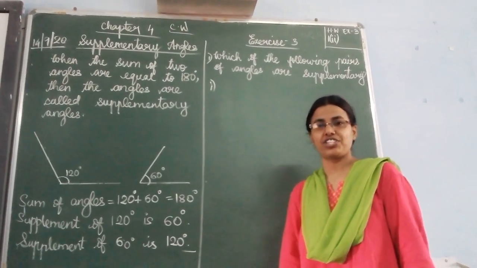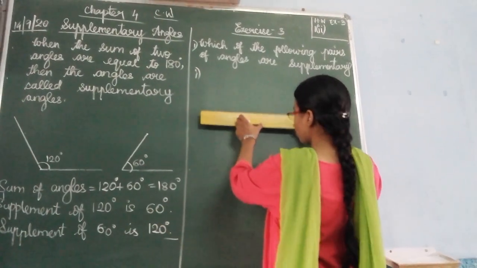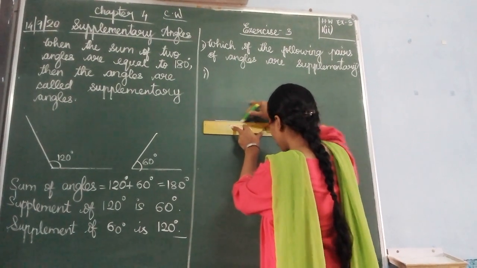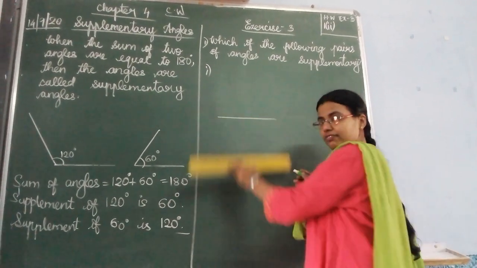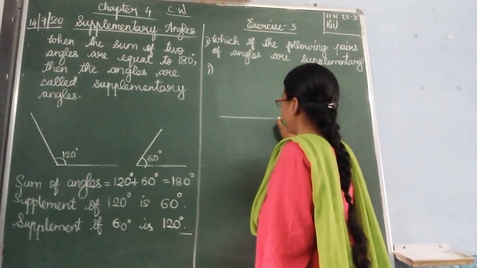Exercise 2, the first question is, which of the following pairs of angles are supplementary? The question given in the textbook is 110 degrees. So first, take your scales everyone, draw a straight line. Did you complete? Yes, mark the vertex.